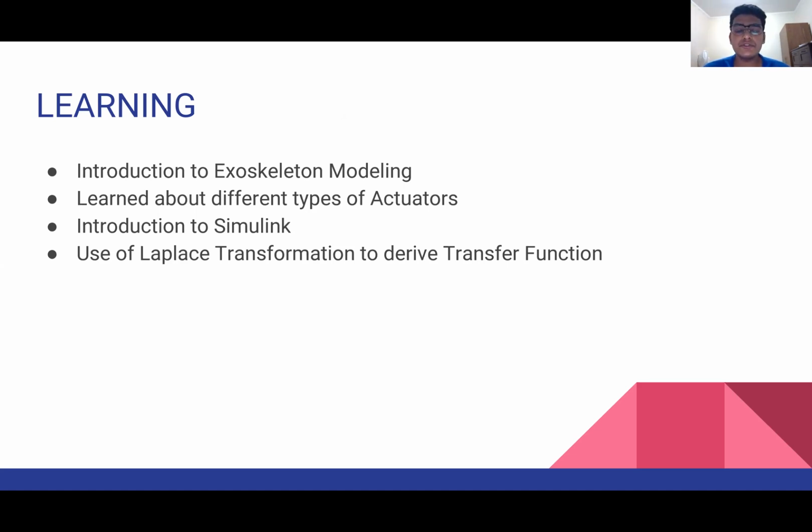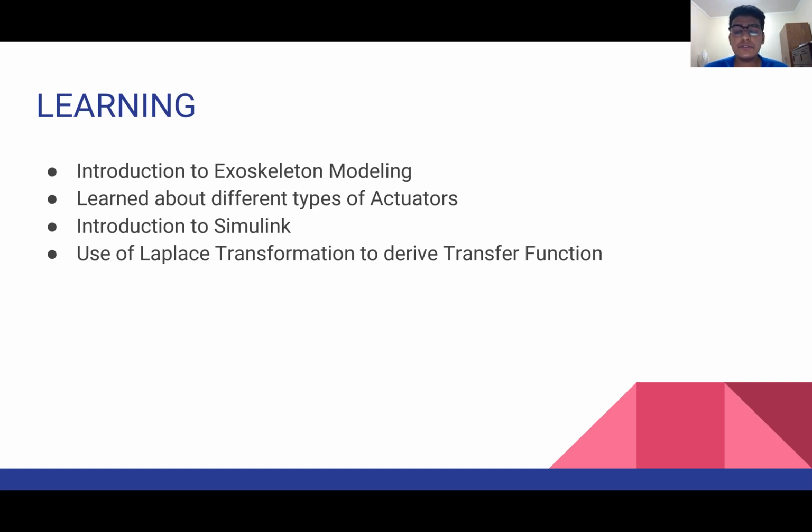We learned about different actuators, especially the quasi-direct driven actuator, because of its very high drivability and high bandwidth with very low mass. And Professor Hausu was promoting this actuator a lot, so I learned about it a lot from his slides.